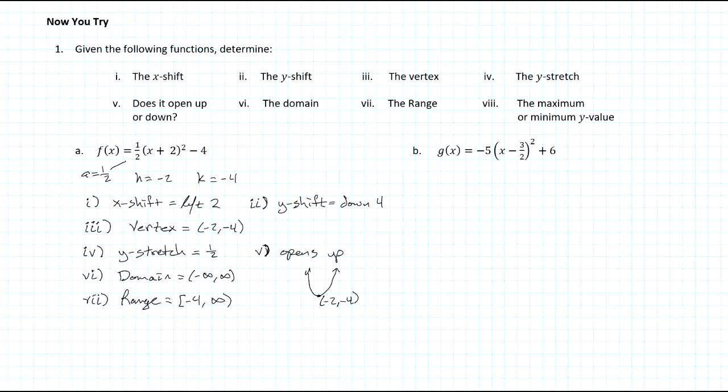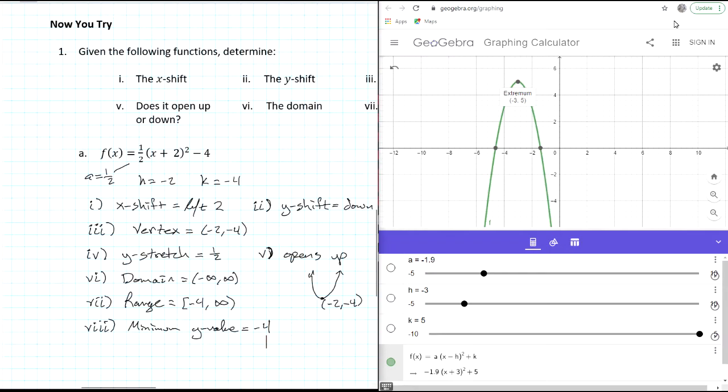And then the max or minimum value. This is opening up, so it has a minimum value for y. The y's smallest value is -4. Minimum y value is -4.